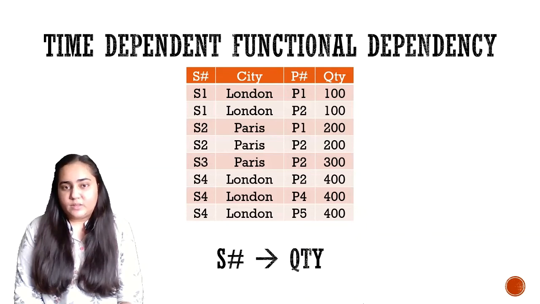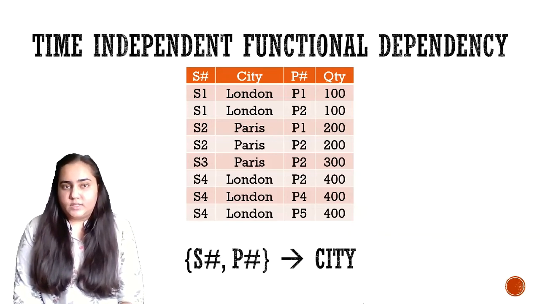And now this dependency no longer exists because the many-to-one relationship is not satisfied for S4. So it is time dependent, and most of the time it will take care of itself, and you don't have to worry about this type of dependency.